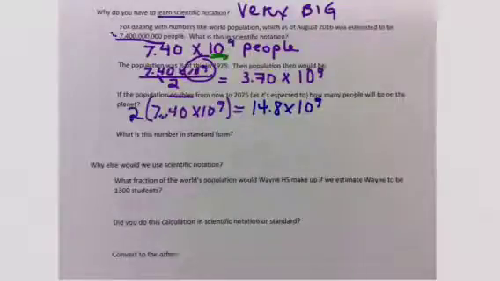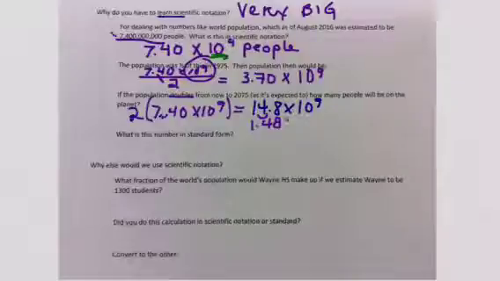But wait, that's not in standard scientific notation, so let's make it right. That means we move the decimal point over 1 to get 1.48. We took 14.8 and made it 1.48. That's reducing it by a factor of 10.